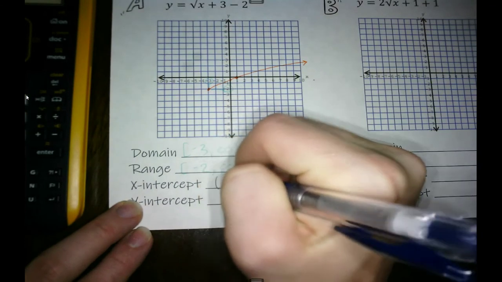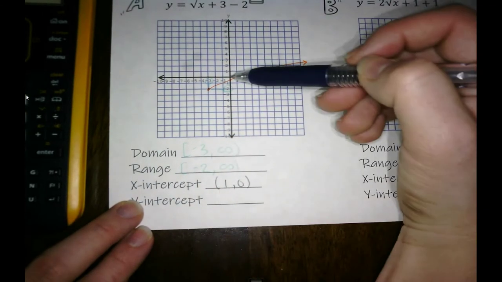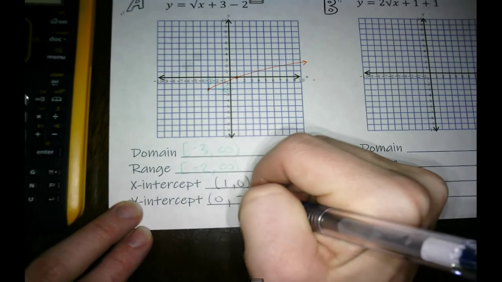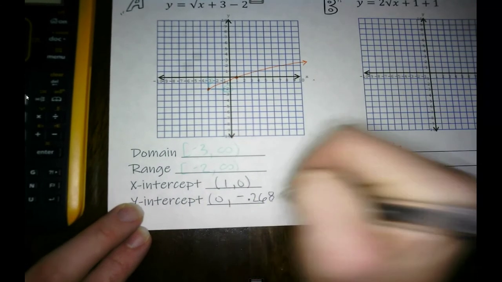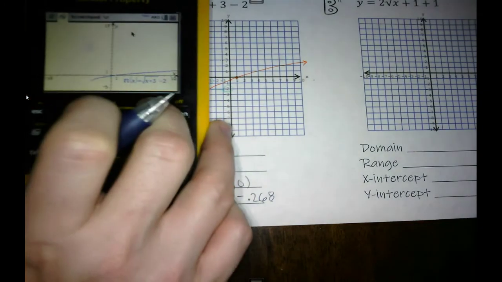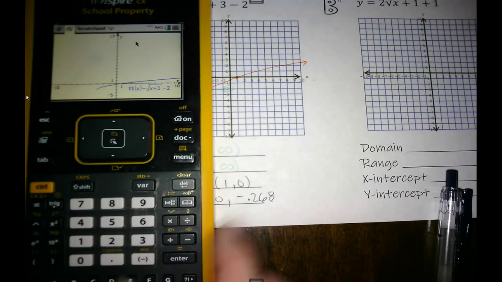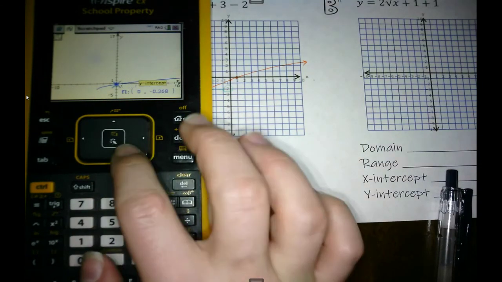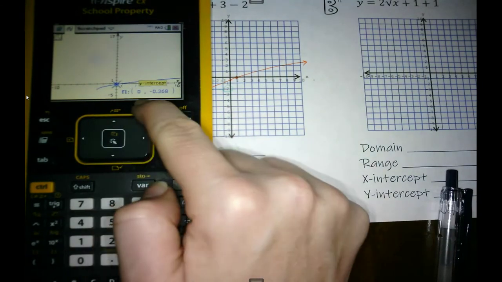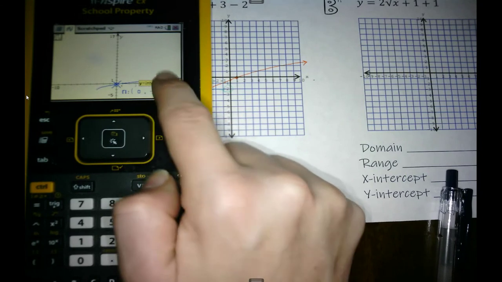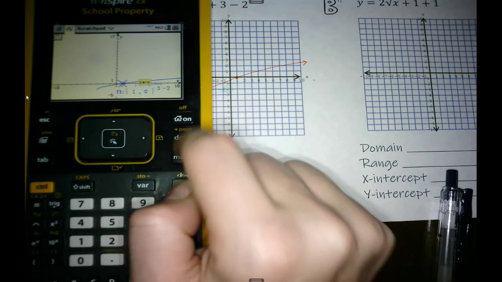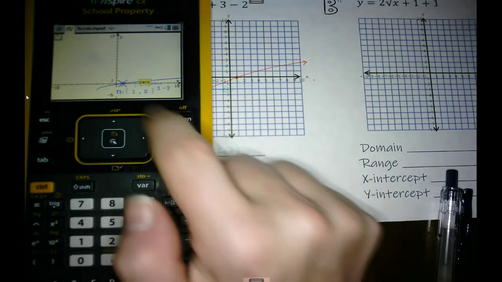That is at (1, 0). And where is it crossing the y-axis? That is at (0, -0.268). So this is on your calculator, or on a graph online, where you're going to want to do menu 5, 1, and trace it. And there it tells you that's the y-intercept. And if you keep going over, the 0 means x-intercept.